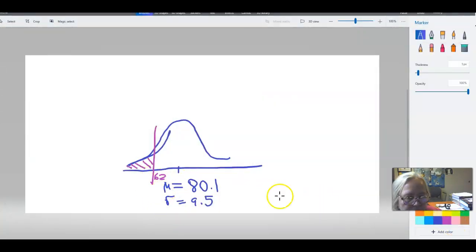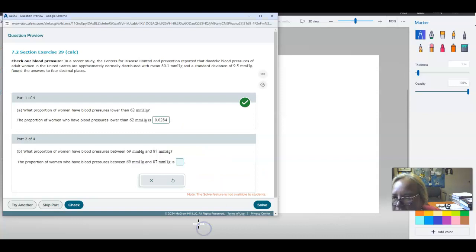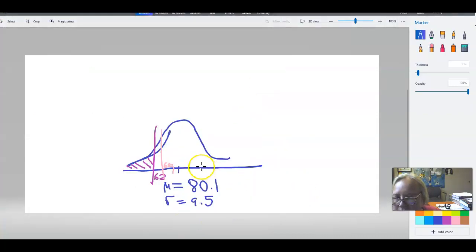So let me use different colors. 69 here and 87. So 87 is here, and we need to find this area. So the lower number will be 69, the upper 87.